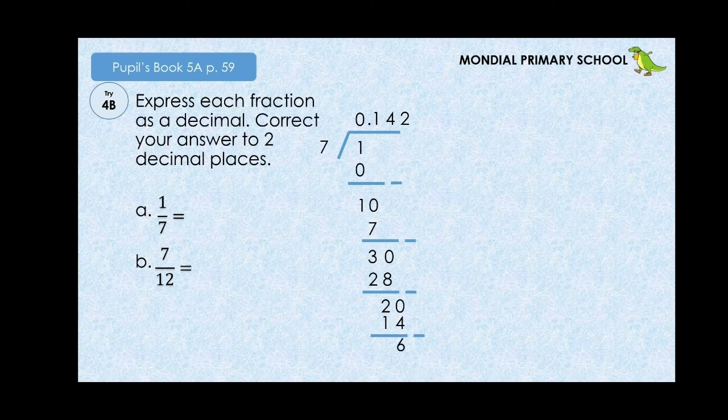And we stop dividing the number at 3 decimal places so as to correct the answer to 2 decimal places. So 1 divided by 7 is equal to 0.14.